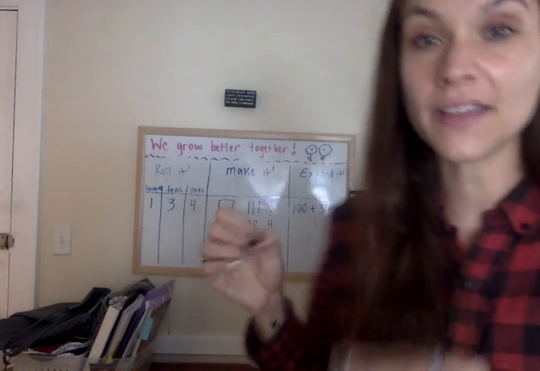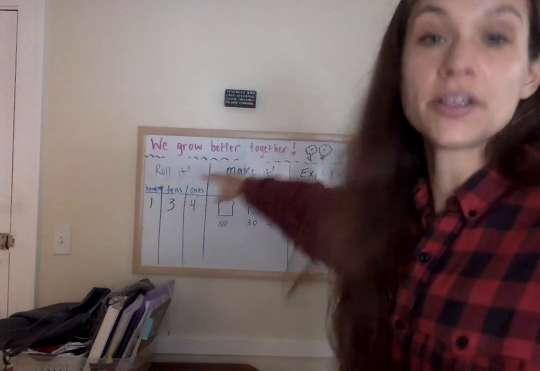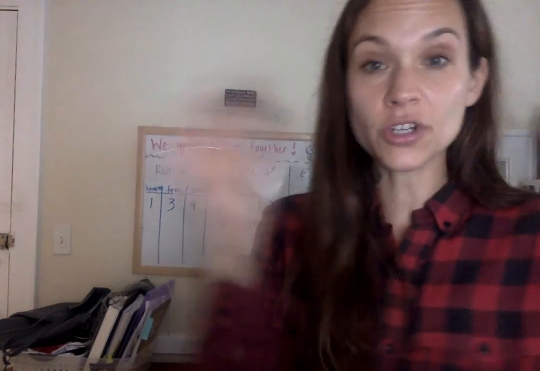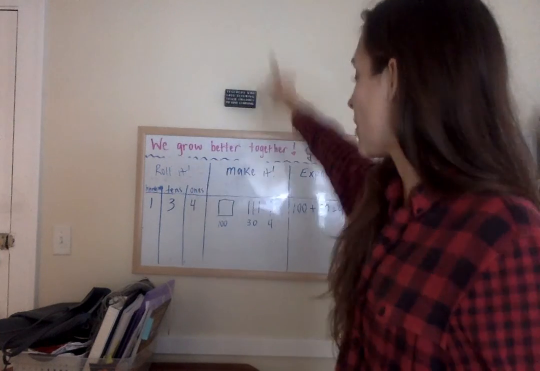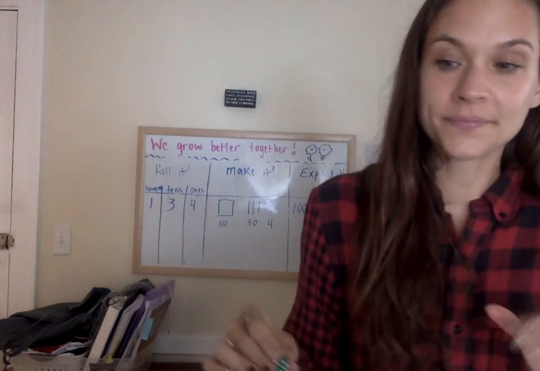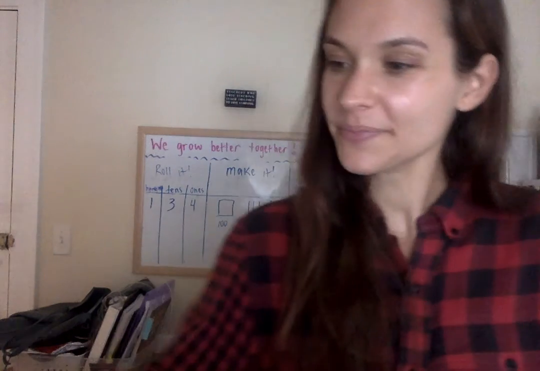And you're going to be filling out an activity, just like what I did here on the board. So it should look very familiar to you since you all watched the mini lesson. You're going to roll the dice, and then write the numbers in. You're going to make the number, and then expand the number. When you're finished, you're going to work on ST Math.